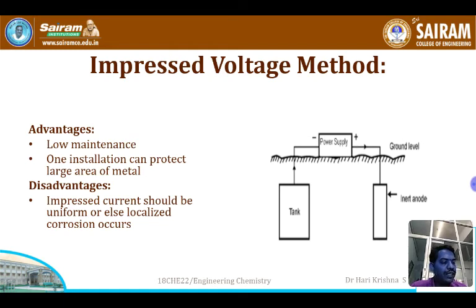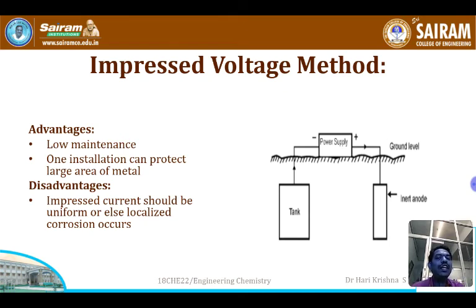As the anode is an inert metal, what happens? At the anode, oxidation occurs, or rather it does not undergo any corrosion. You are supplying the power, the electrons, so the anode does not react itself since it is inert.